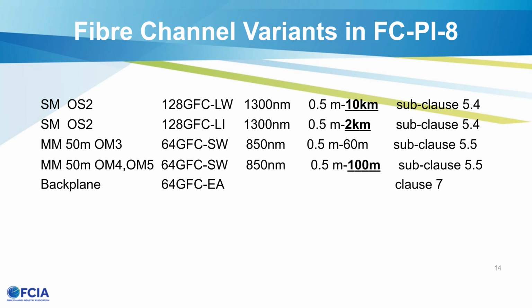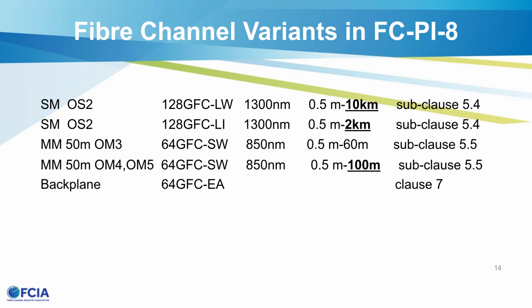And then I will point out that these are the optical reaches. The electrical interface to those modules is agnostic to what kind you plug in. So you can plug in a multi-mode module, you can plug in a single mode module, and the electrical interface that goes to the host chip is going to be unchanged.